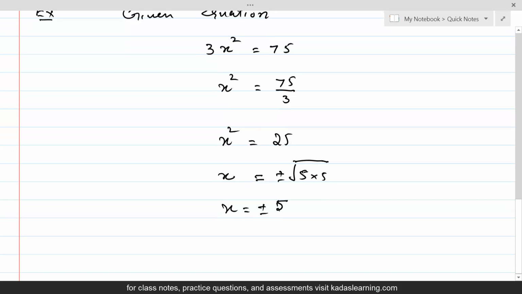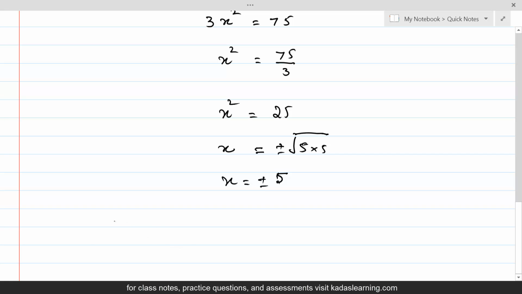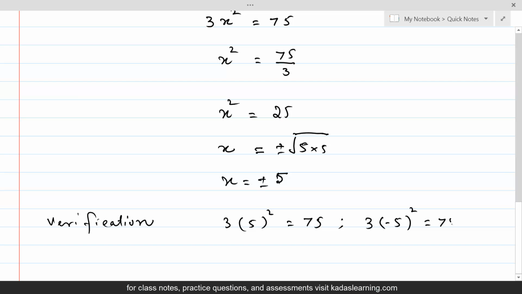So these are the possible values of x, and for verification purposes, it can be done by 3 times 5 squared equal to 75, and another time 3 times minus 5 whole squared is equal to 75, and in both cases 75 is equal to 75.